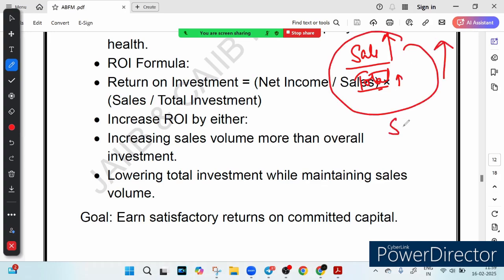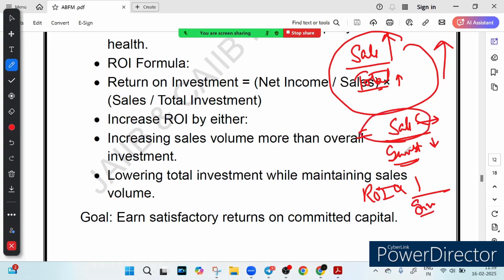And the second way to increase our ROI is to reduce investment. You reduce it while keeping sales steady, right? You know very well that ROI is inversely proportional to our investment. If our sales remain constant and investment decreases, our ROI will increase. So these two ways you can increase our ROI.